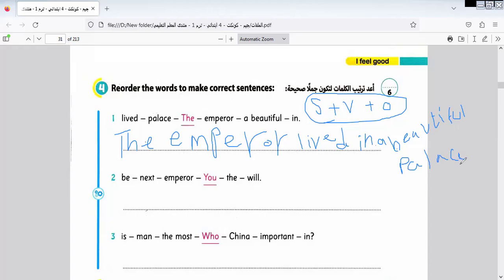I would like to say, take care when you answer the rearrange, because sometimes the sentence is a question. We must put the question mark at the end of the sentence. Be, next, emperor, you, will.